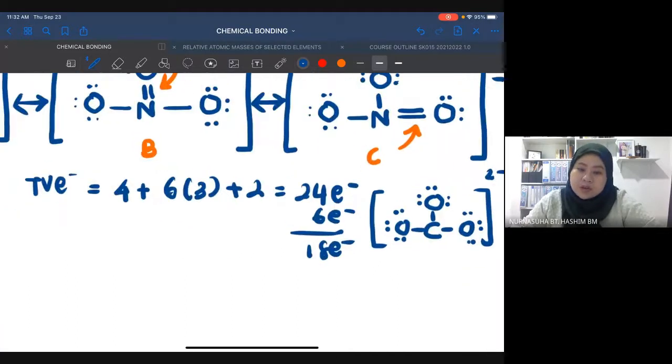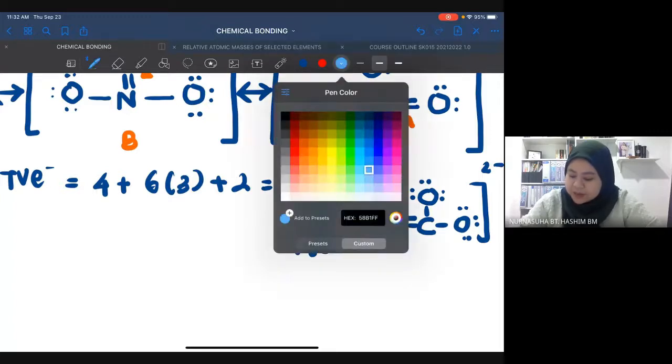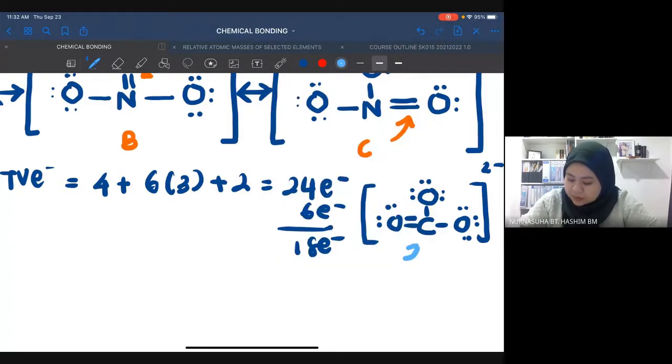Okay, so first kita kena octetkan dulu. So kita ambil satu lone pair and we form double bond. So inilah the most plausible structure. Inilah structure paling stable. The most plausible structure.